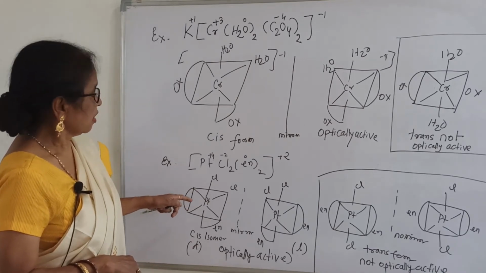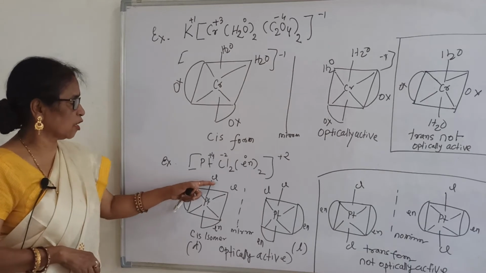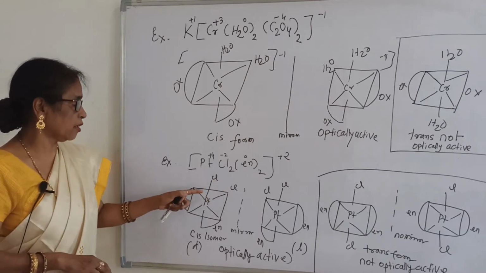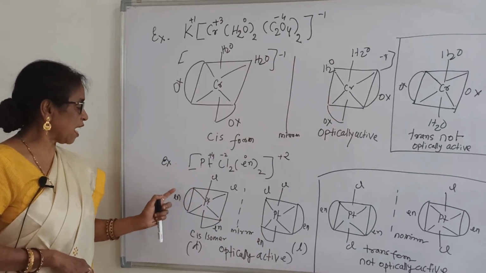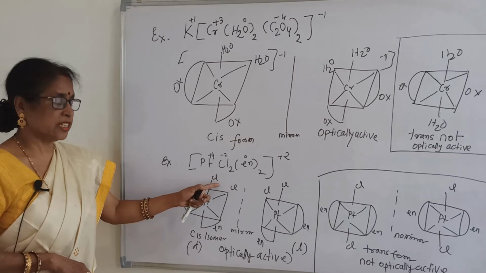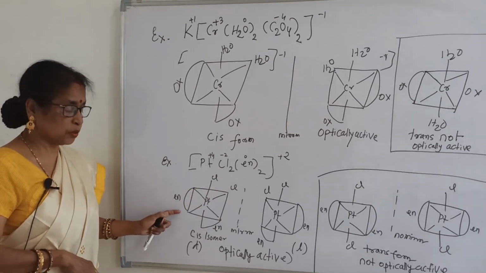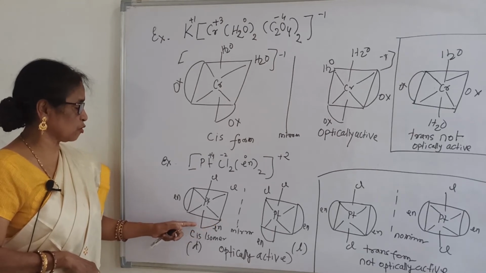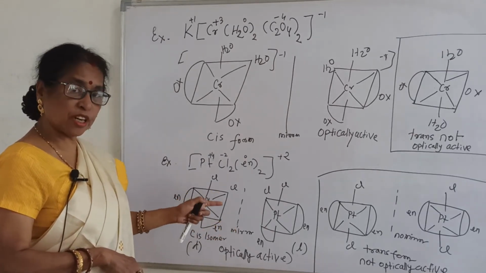And now you can see the cis form. In the cis form, you should write the chlorido ion in this way or on this side also. If you write on this side, you put this one this side. So the chlorido ion is here and ethylene diamine here, and corresponding to this is the cis position. Then is it a mirror image or not?